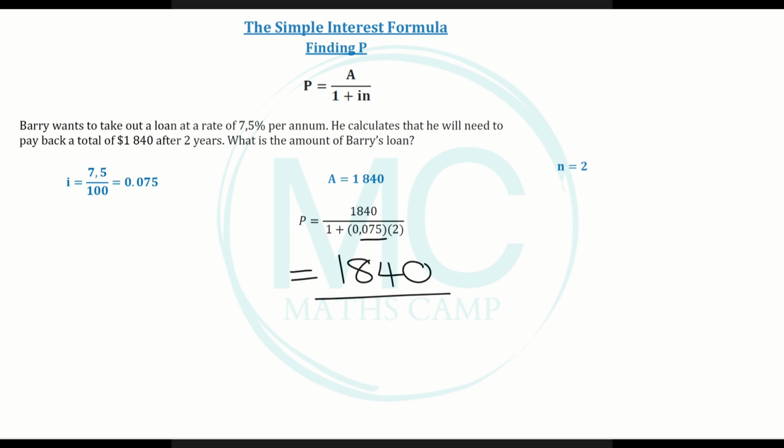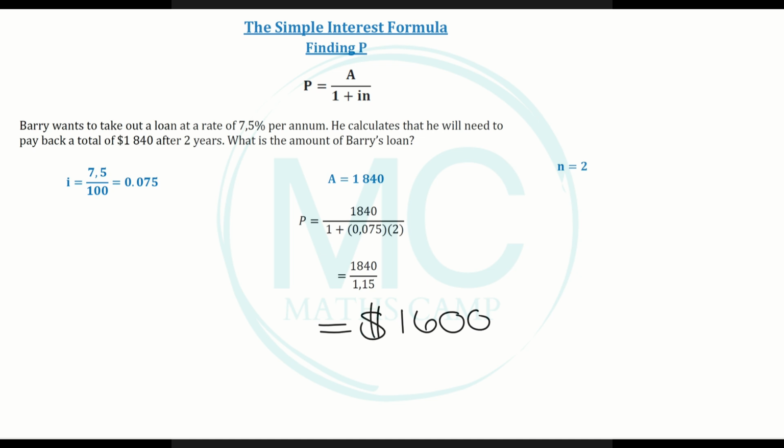Let's add 1, and we get 1,15. Finally, to find P, let's divide 1,840 by 1,15. We get an answer of $1,600. This is the amount of Barry's initial loan.